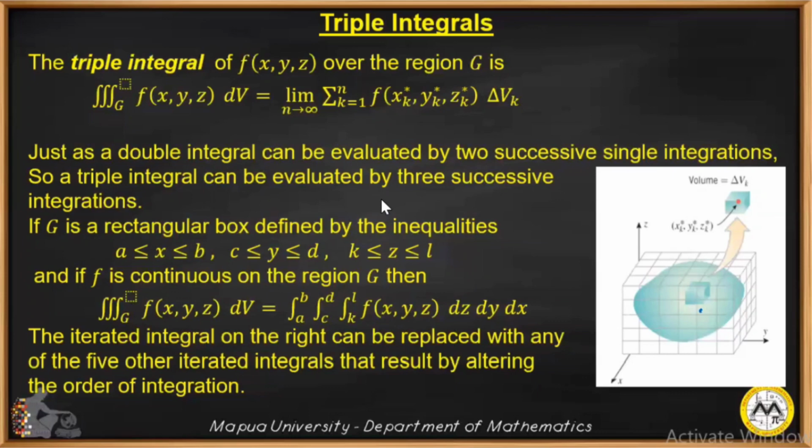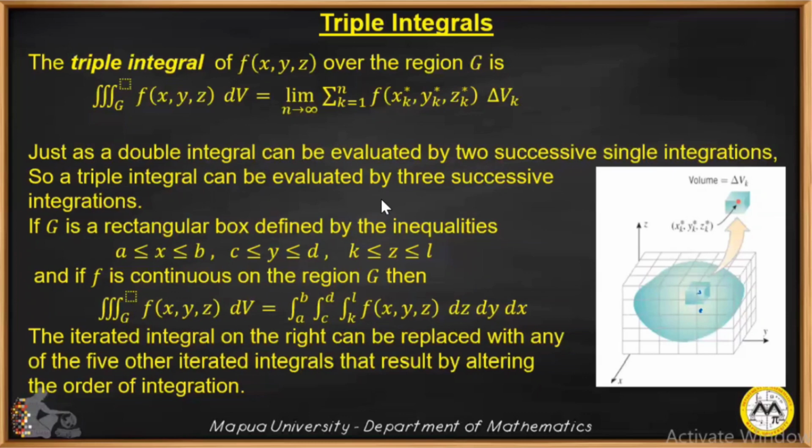If we take one representative rectangular box, the volume of the box is the differential of V, or delta V sub k.